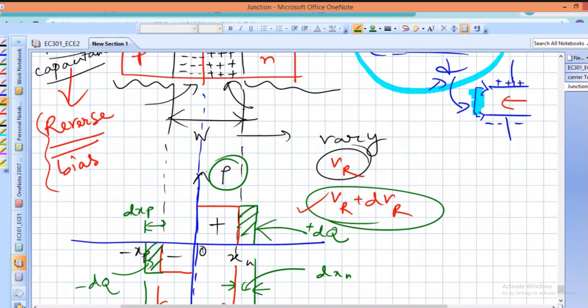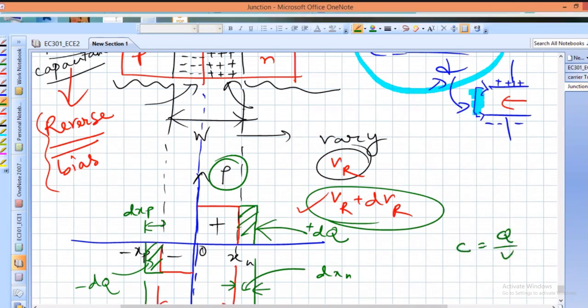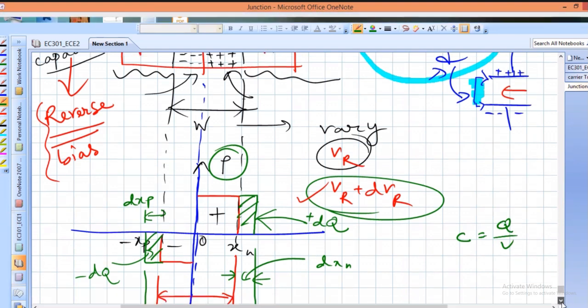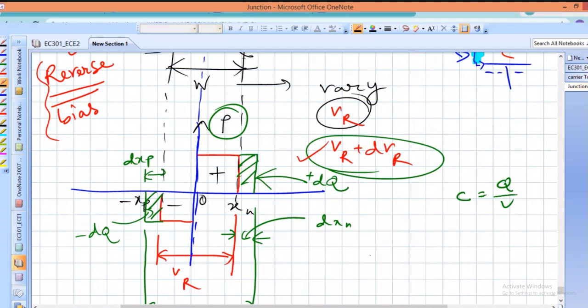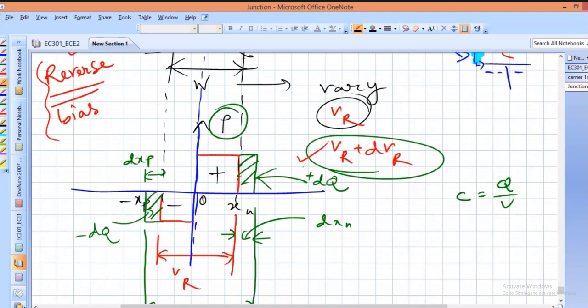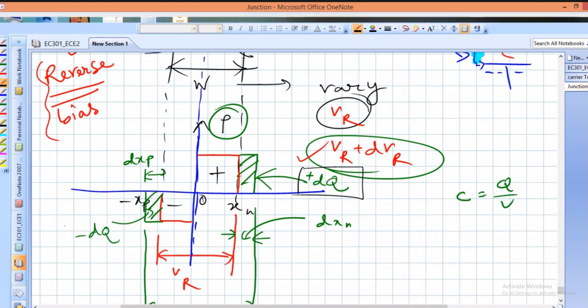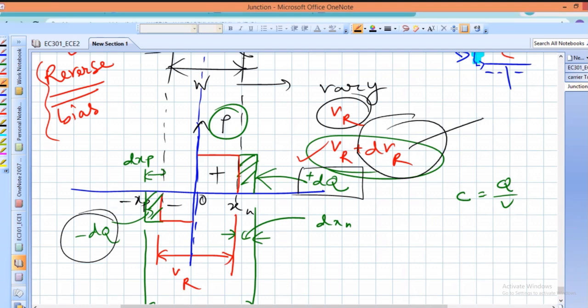Back to the concept of capacitance. What is C? C is equal to Q by V. Here, I can modify the equation according to my requirement, because this change in the charge density we observed here is due to the increase in the reverse bias voltage.